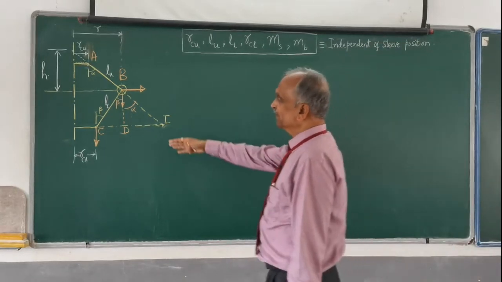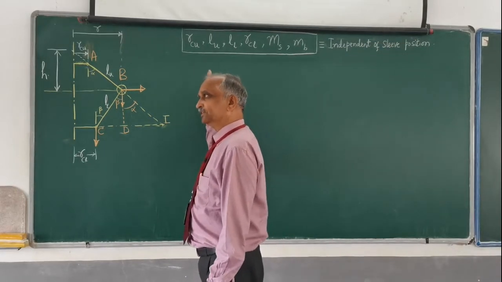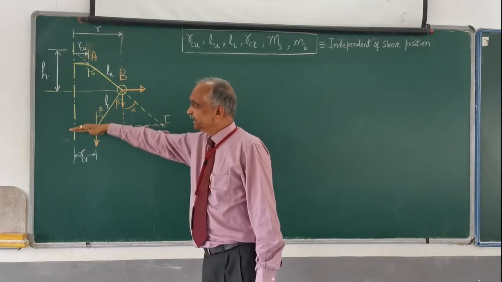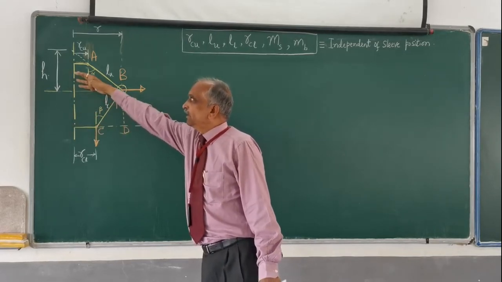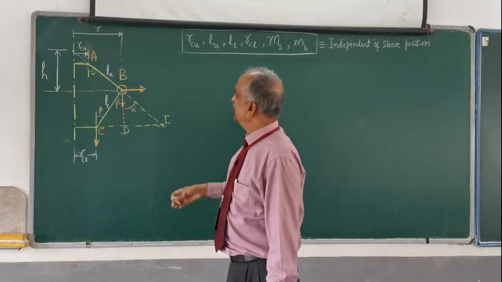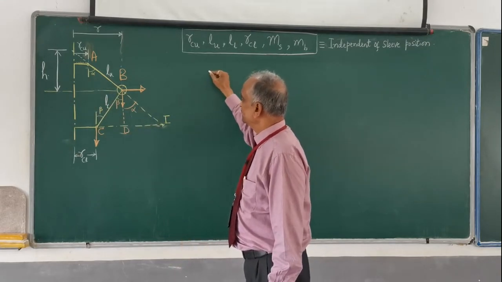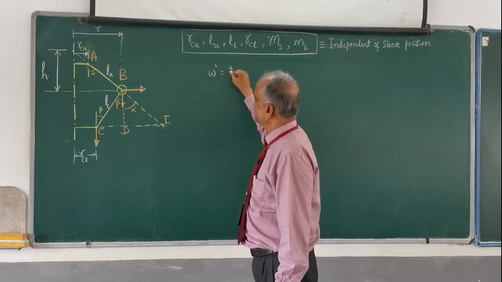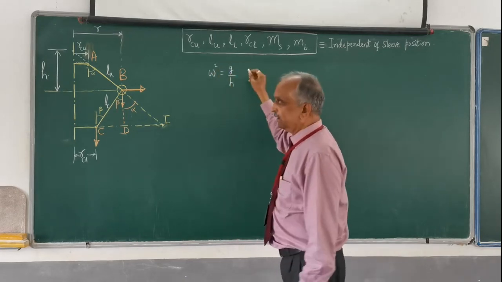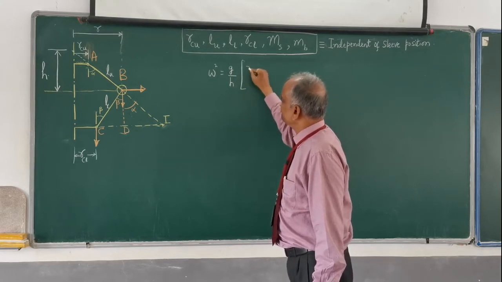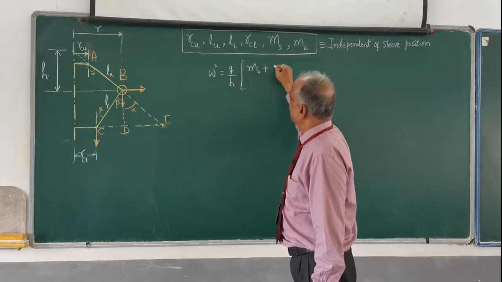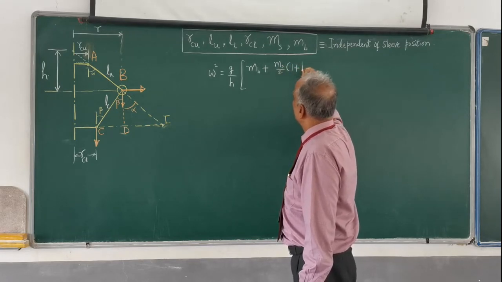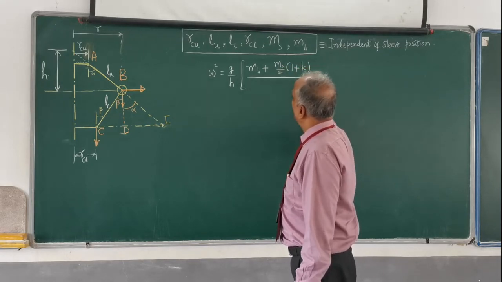So here I assume that the load of the engine is constant, and therefore the spindle speed of the governor is also constant, and for that I have derived an expression for omega square equal to G upon H into (MB plus MS by 2) into (1 plus K) divided by MB.